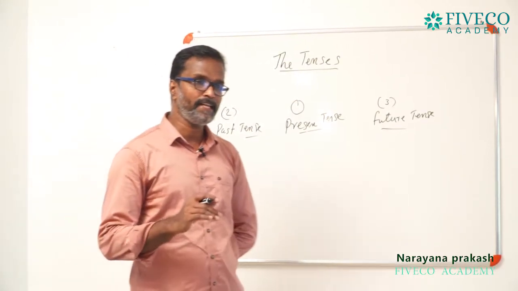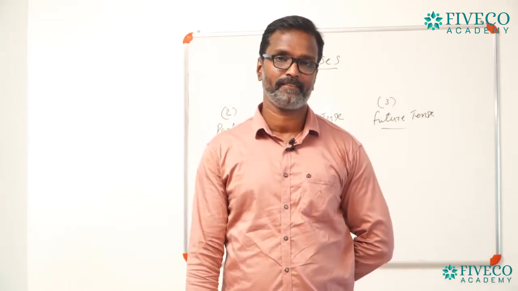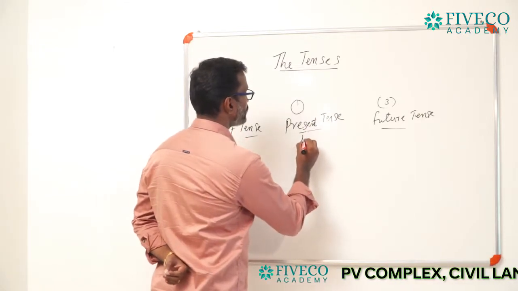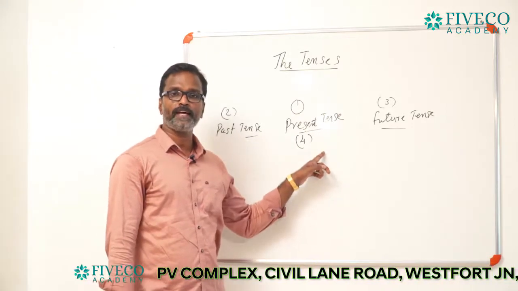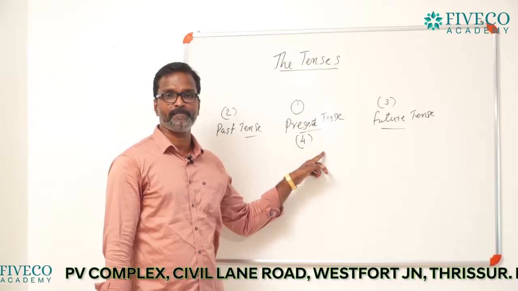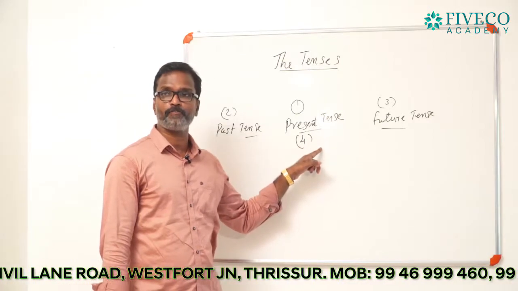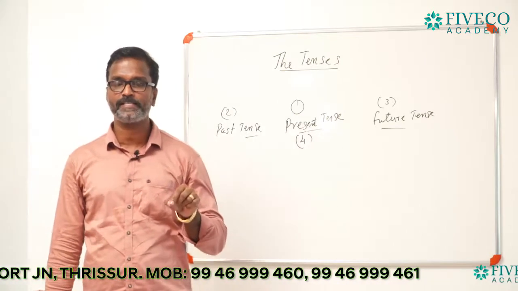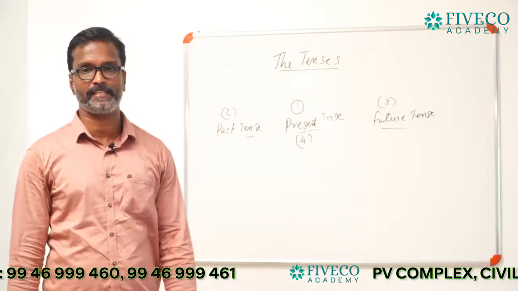And the grammarians have divided all these tenses again. Present tense has 4 divisions, which means that you can write 4 sentences in present and you can talk 4 sentences in present.